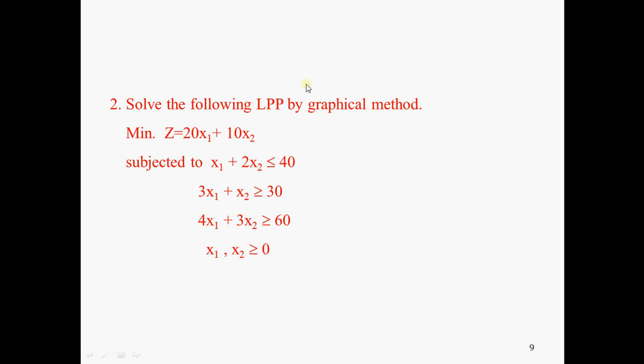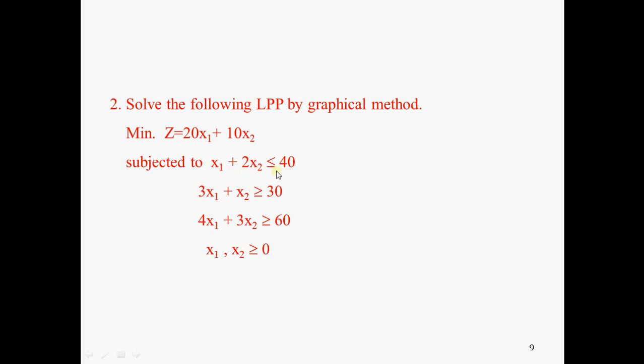Fine. Now what is the first step? You have to convert the inequalities into equations and plot them. For example, 4 inequalities are there, 3 plus the non-negativity, which of course you are not going to plot. So whether it is less than or equal or greater than or equal, convert the inequalities into equations. That's what the first step says.